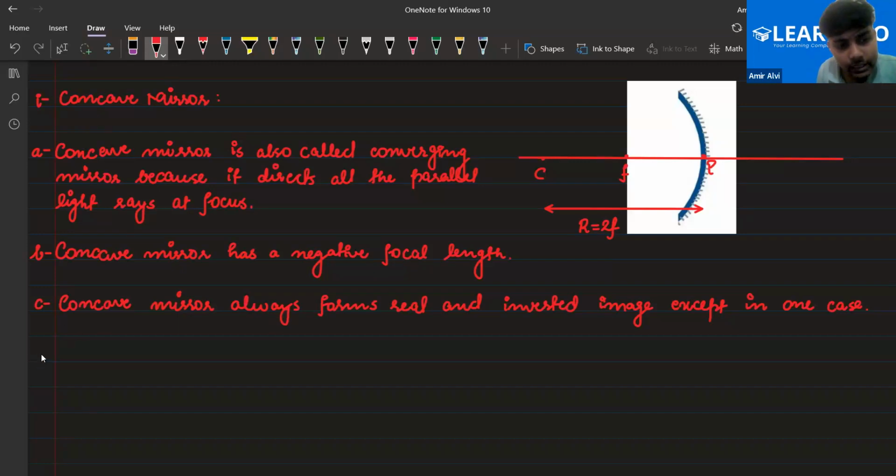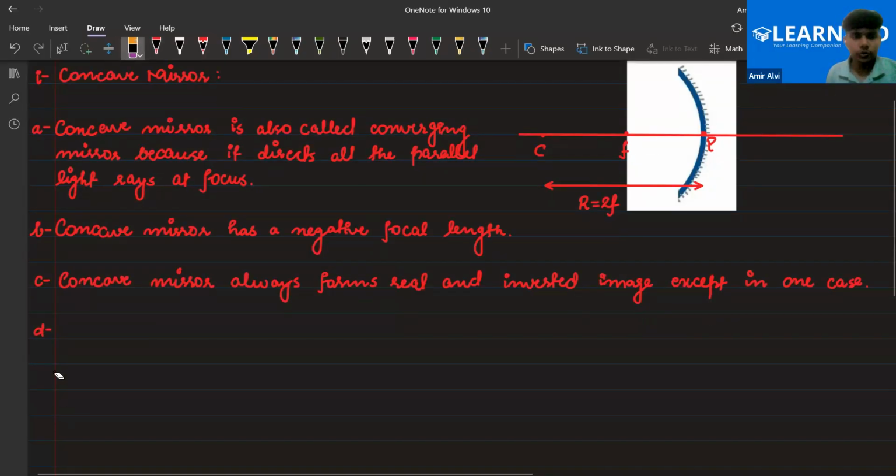Okay. D is the applications. If we talk about the basic things like applications of the concave mirror, we'll discuss that in the coming portion.